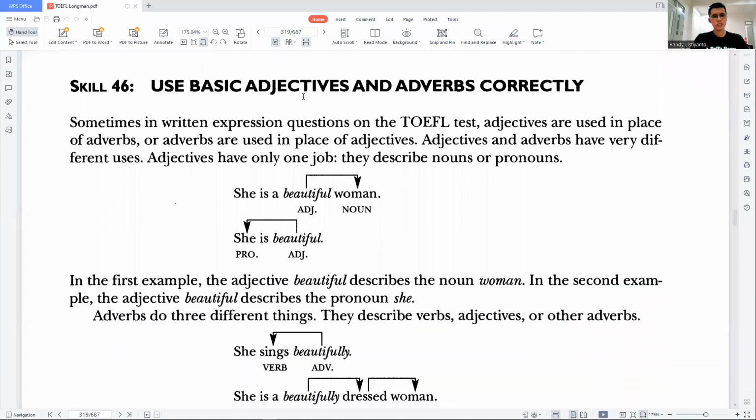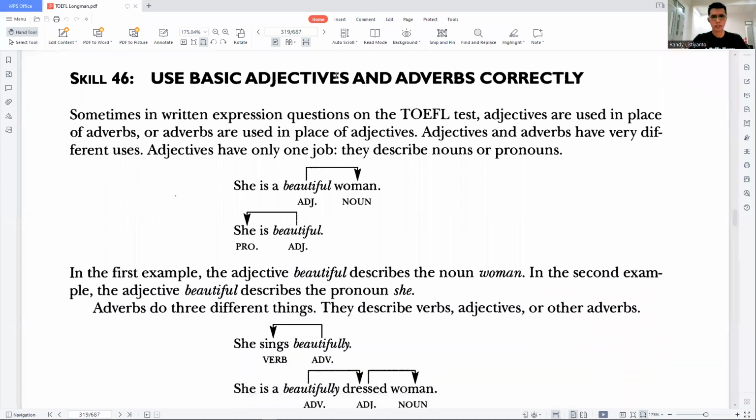First skill, use basic adjectives and adverbs correctly. You have to understand this very well, because this is going to be the foundation of this topic. Sometimes on TOEFL test questions, adjectives are used in place of adverbs, or adverbs are used in place of adjectives.